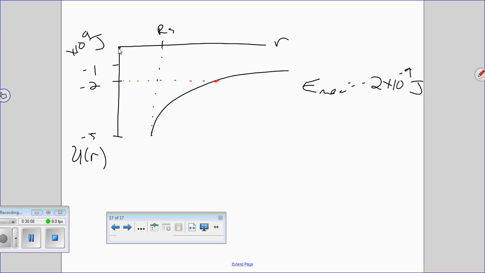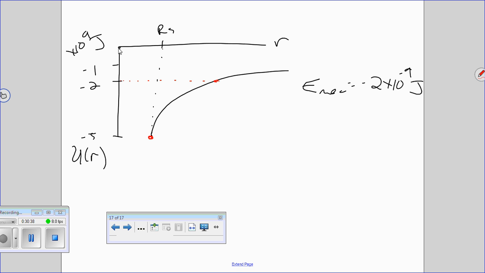At the surface, we've got a very small amount of potential energy. It looks like, specifically, -5 times 10 to the 9th joules. That's my potential energy at the surface. Now it tells us that our total mechanical energy is -2 times 10 to the 9th joules.